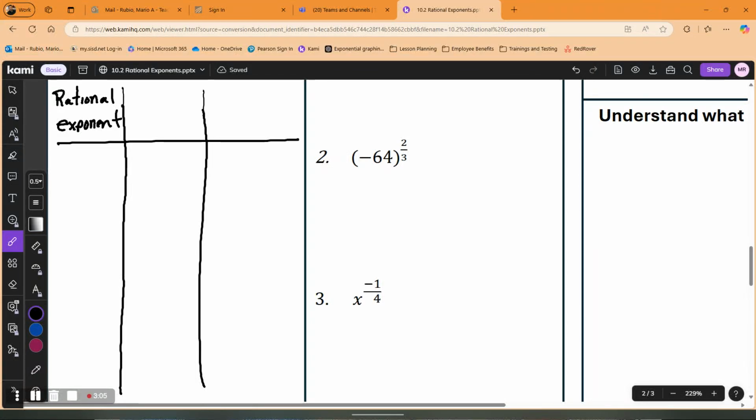Here we're going to put radical notation. And here we are going to put example.